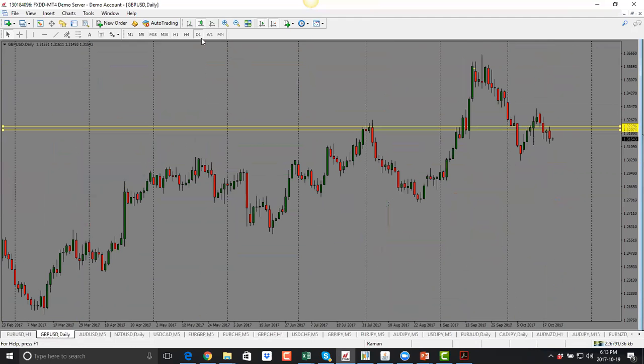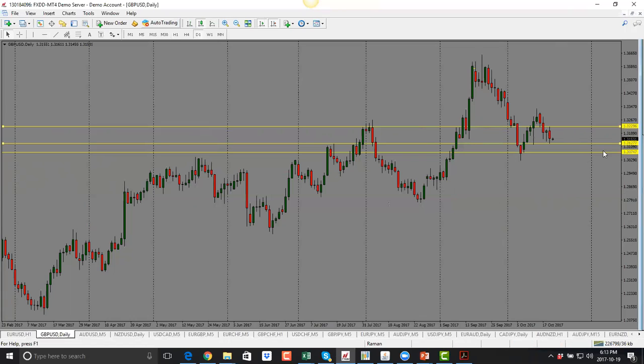Pound here, we saw pound dropped. So now we are looking for a further move to the downside. So based on that, we are looking for a move down.